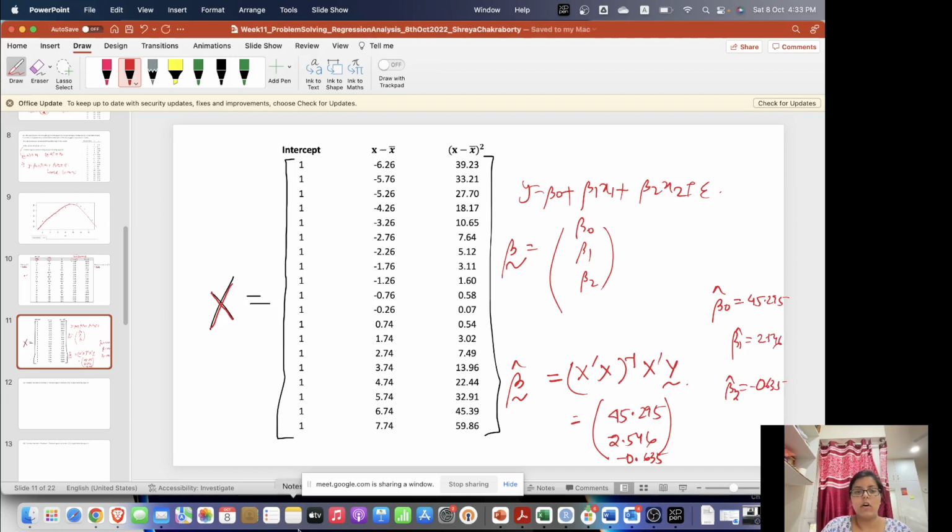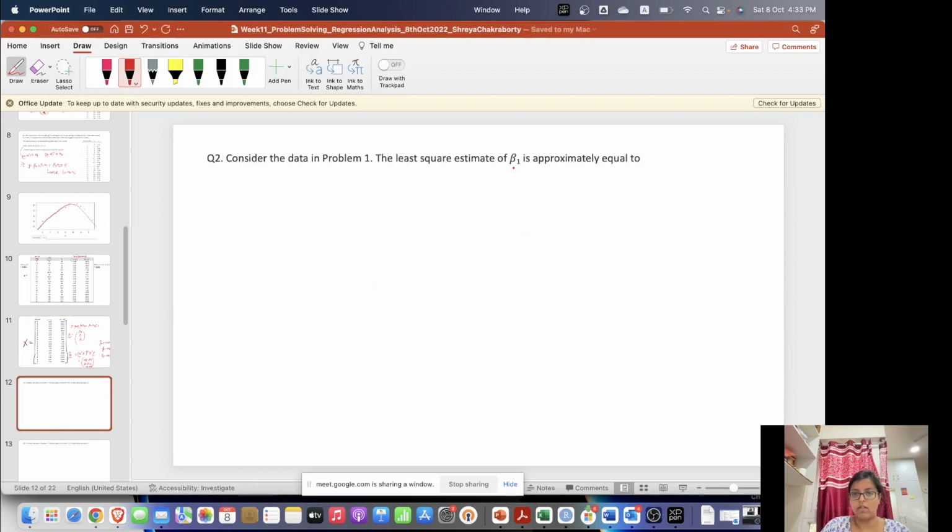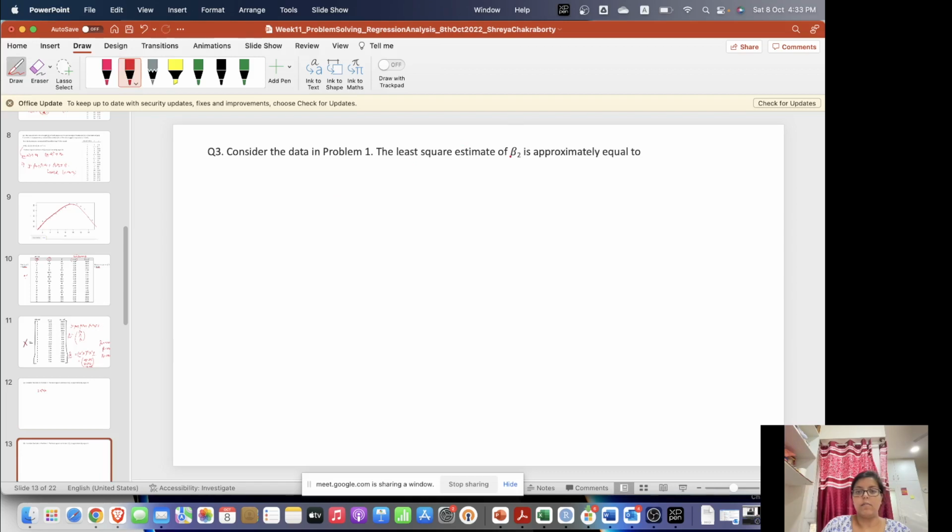So we have all the estimates. So beta 1, as I said, is 2.546, and beta 2 is minus 0.635.